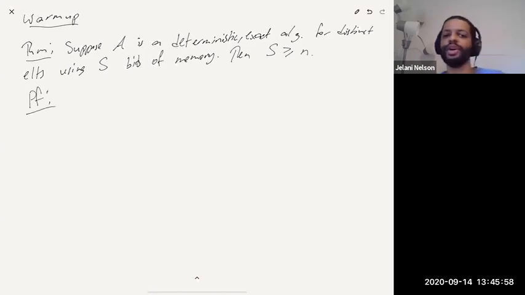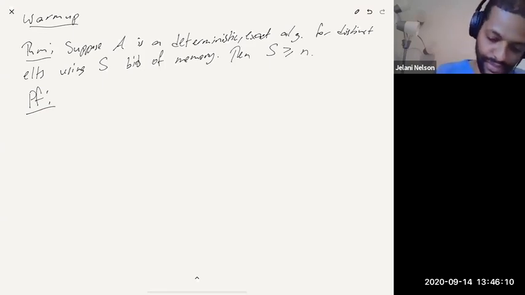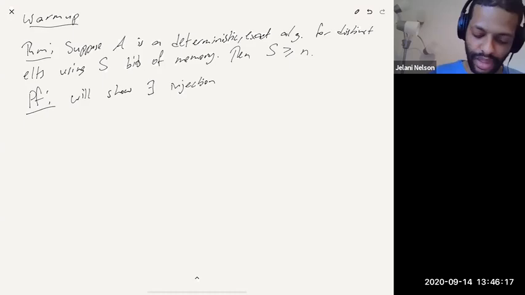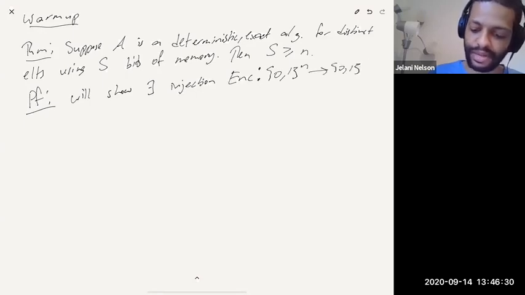And remember, I said we're going to show that the existence of such an algorithm implies an injection from some big set into some smaller set whose size depends on S. So we'll show that there exists an injection, which I'll call ENC, stands for encoding. So the injection is an encoding that maps elements of {0,1}^n into elements of {0,1}^S.